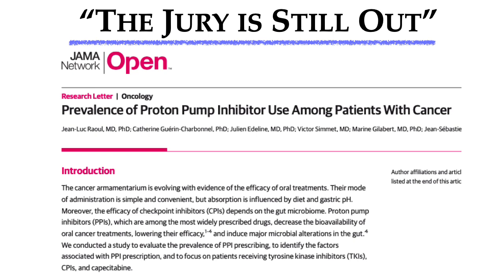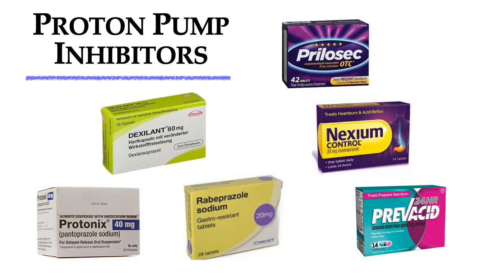And the problem with that is that some of these anti-cancer drugs don't work nearly as well in the presence of PPIs. And the sad part is that many of these people don't need to be on PPIs. There's lots of PPIs, including many that are OTC. So the problem here is that people on these anti-cancer drugs may unknowingly reduce their survival.